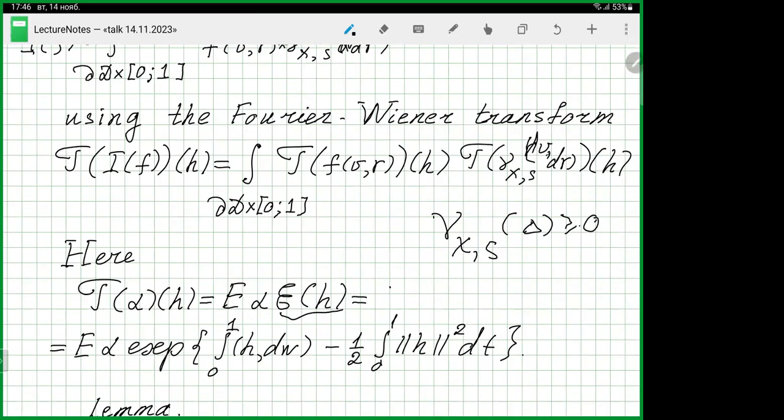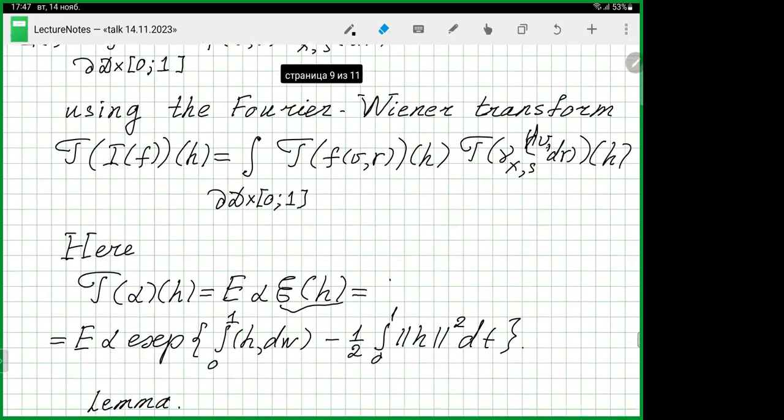And due to the dominated convergence theorem, it will be additive. So for fixed h, we have another measure, but this measure already is deterministic, but still a measure. Thank you for the question. I forgot to explain this.